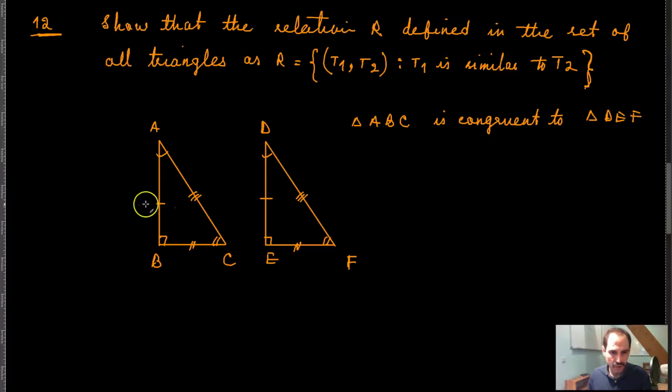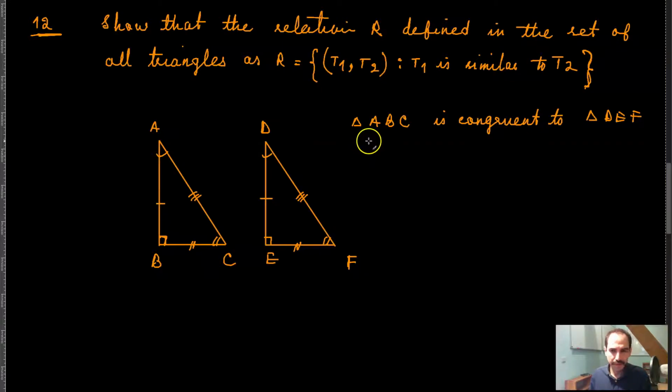That is two congruent triangles, and there are some criteria that you can use in order to specify whether two triangles are congruent or not.